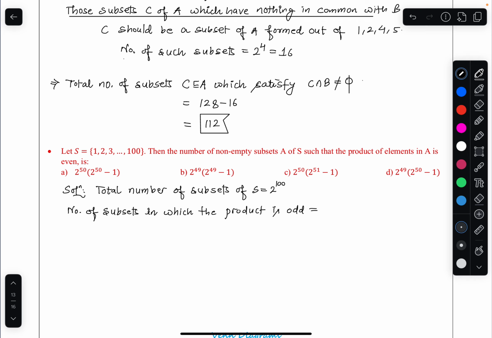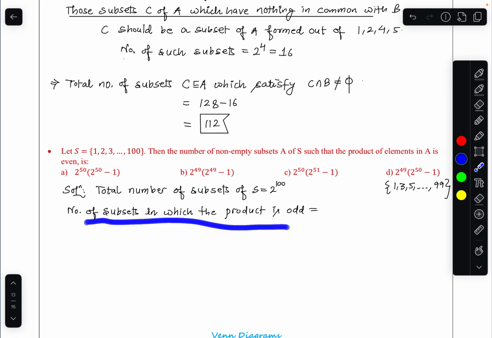Now, if you want the product to be odd, the subset you are taking should be taken out of, let's say, 1, 3, 5, and so on up to 99. I cannot choose a single even number because as soon as I choose a single even number in the subset that I'm forming, the whole product becomes even.